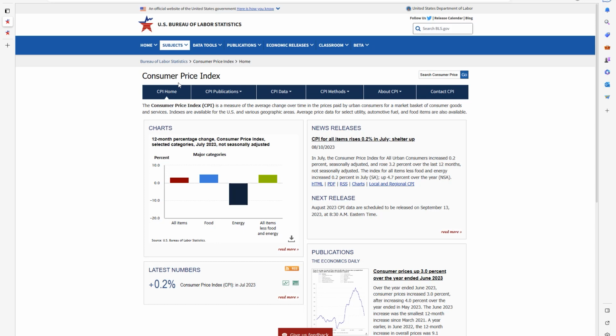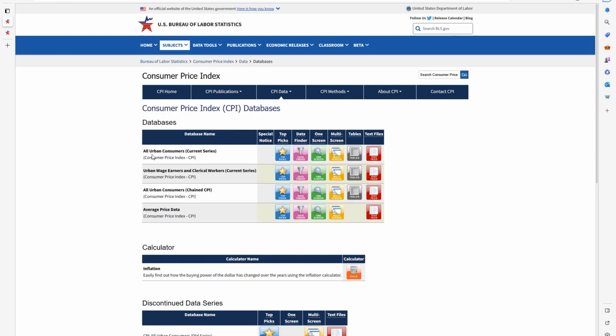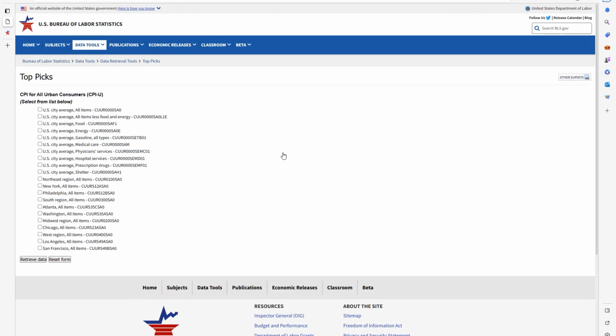If you're interested in the data, you can click on data, then databases, and you see the all urban consumers Consumer Price Index, which is one of the top picks. So you can click on here.